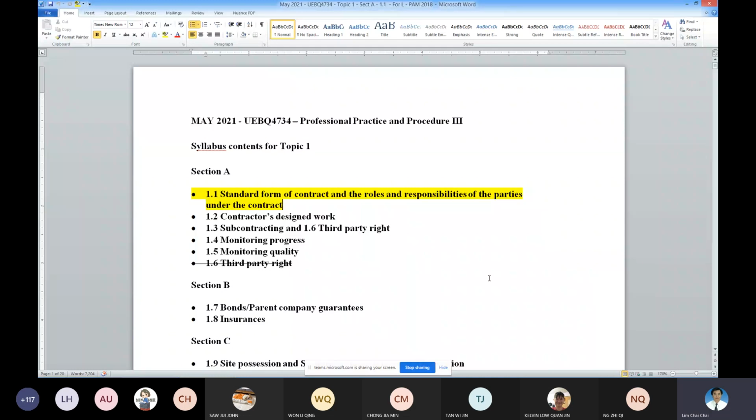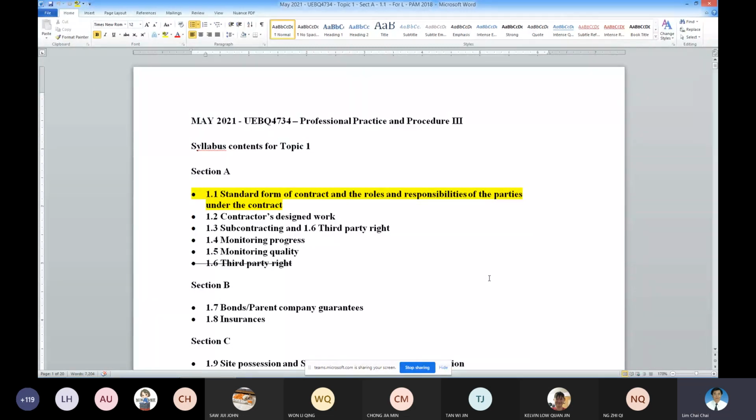So I repeat, with this subject there is no way that you can do well by last minute reading. It is impossible, because this subject is the application of your basic knowledge that you learned in year 1, year 2, and now most of you are in year 4, for your understanding of this part in relation to your contract.